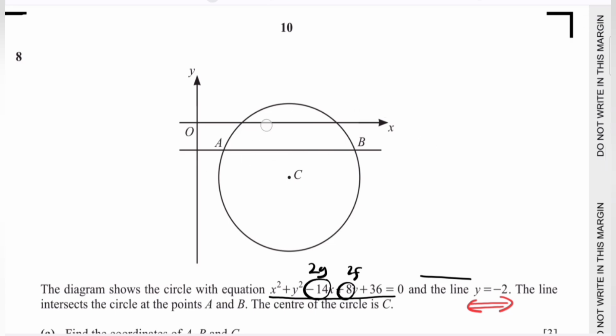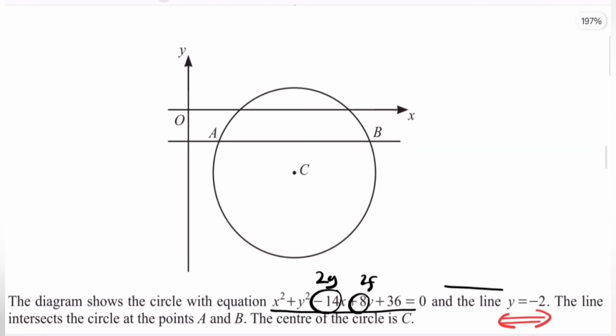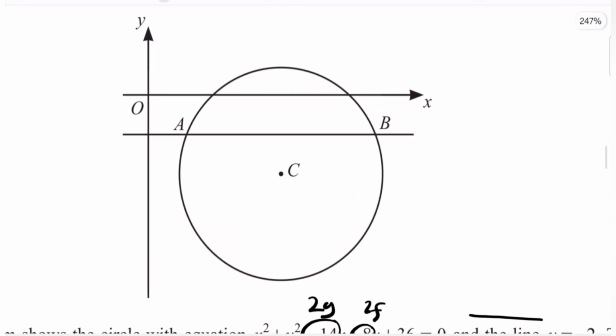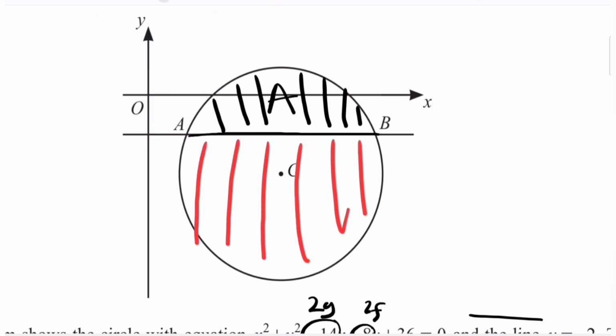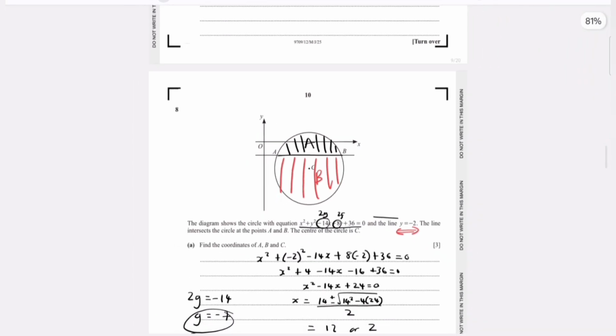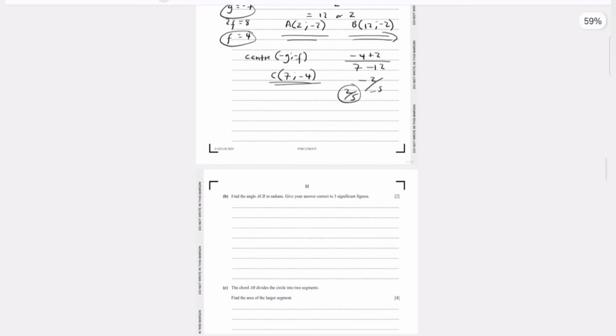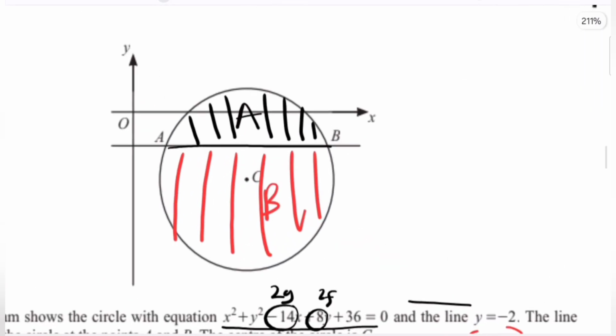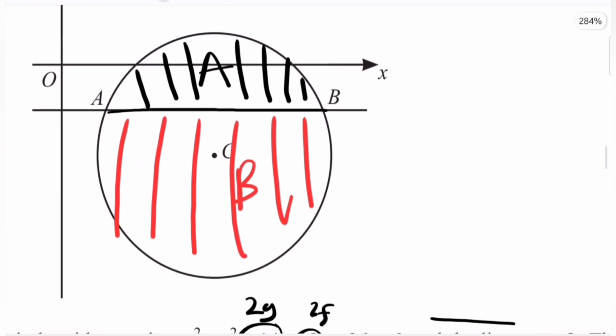And for that, we're going to use our diagram. We're told AB divides the circle into two segments. So this is segment A, and this will be segment B. And the question says find the area of the larger segment, which is segment B, right?